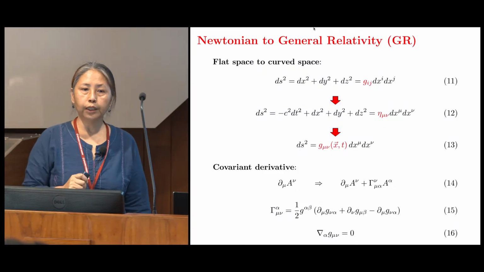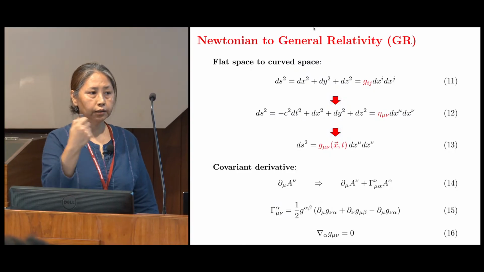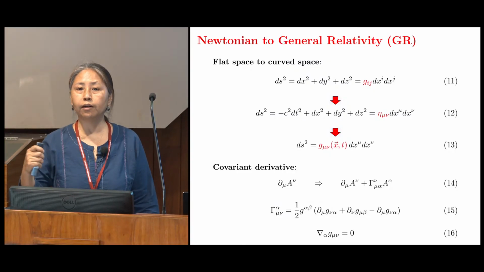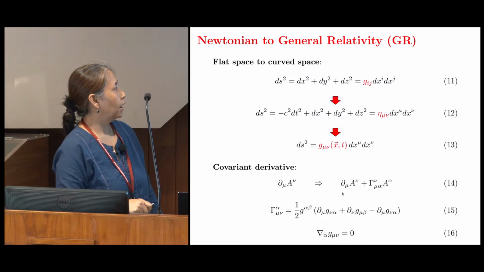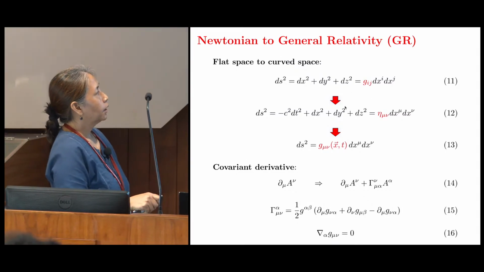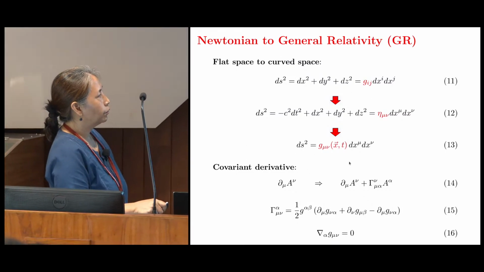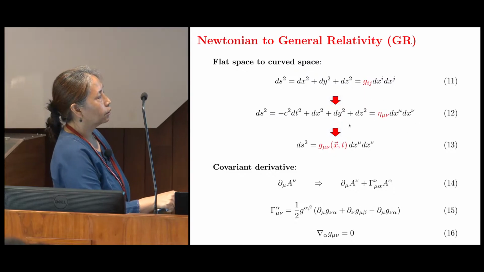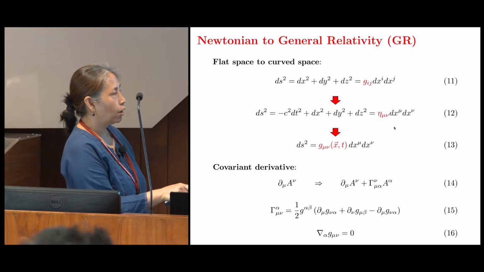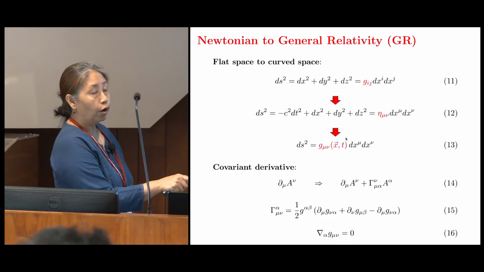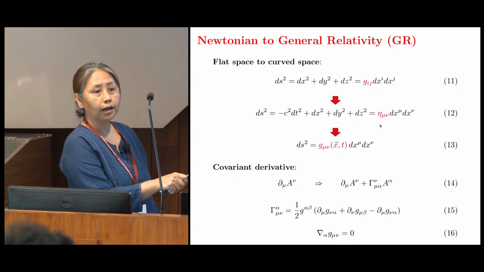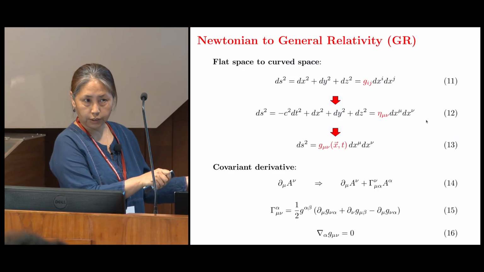Now, if you like to generalize things, you may ask, can I generalize this quantity? This eta_mu nu here is a constant. All the elements are constants and there are no off diagonal elements, they are all 0.